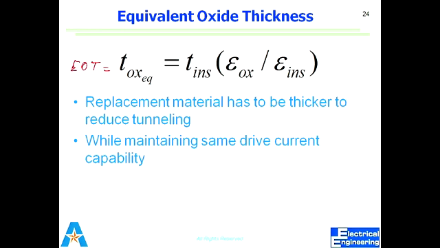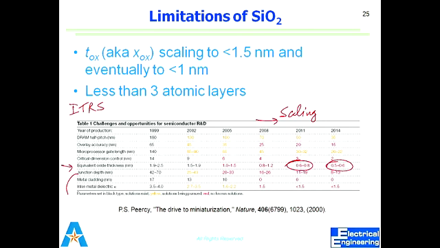Okay, this is the equation that is used to find out the equivalent thickness of the alternative oxide layer if we have some other oxide layer. So by using this we can find out the equivalent thickness. The limitation of silicon dioxide is that we cannot grow a very thin layer.